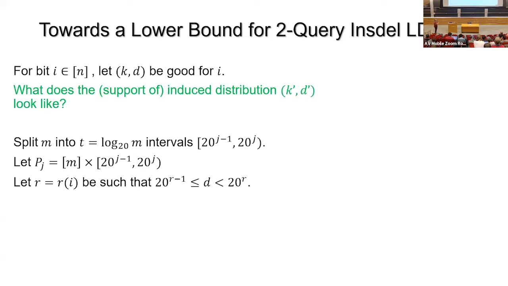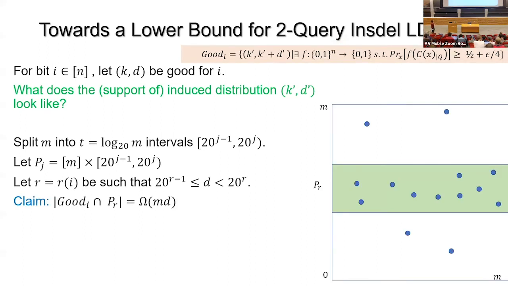And what we will show, and maybe I might not spend too much time on this because I want to get to the last part of the talk, is that if we map K, this is M here, on this axis and the D on this axis, then there is this region, a stripe of height about order of D, such that a constant fraction of these pairs KD belong to the support of the induced distribution.